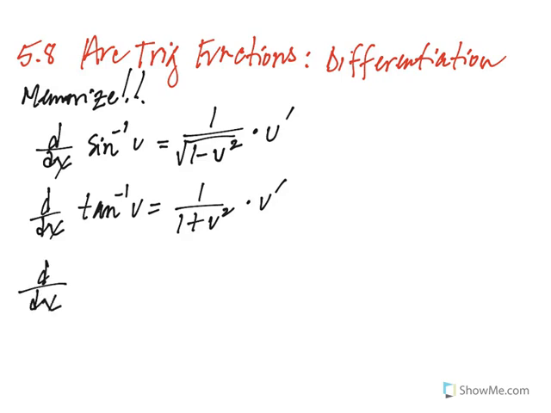The derivative with respect to x of the arcsecant of u turns out to be 1 over the absolute value of u times the square root of u squared minus 1 times u prime. So that's the derivatives for the arcsine, arctan, and arcsecant. That's not the secant, that's the arcsecant, Mr. Carver. The derivatives then for the cofunctions, and we mentioned this earlier on in the semester, cofunctions are negative.